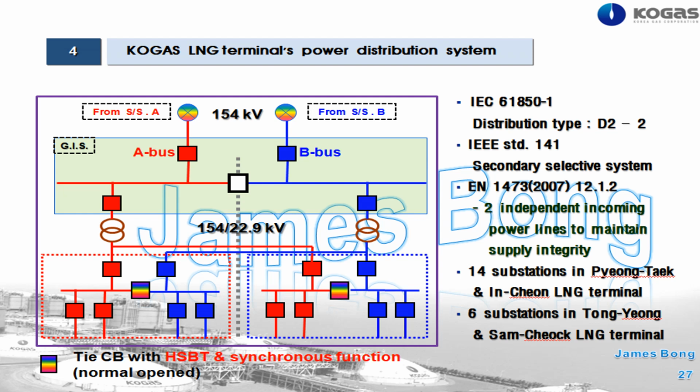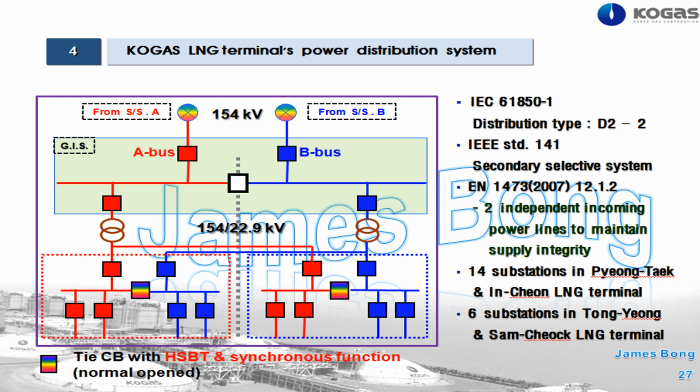We separate and distinguish the two lines as A bus and B bus. Like this picture, normally we don't use tie breakers, just sometimes for repair, maintenance, or troubles. In this case, we only use one line at a substation.